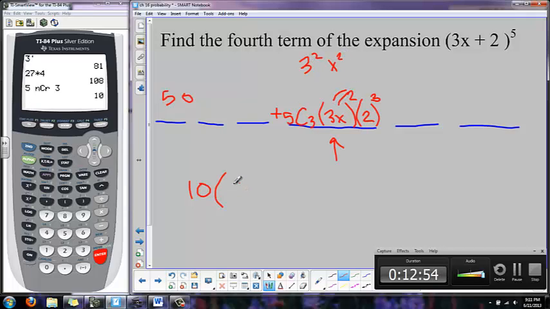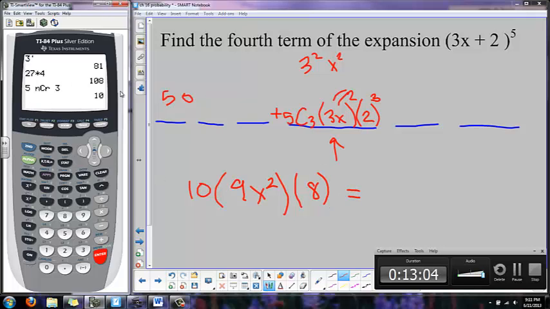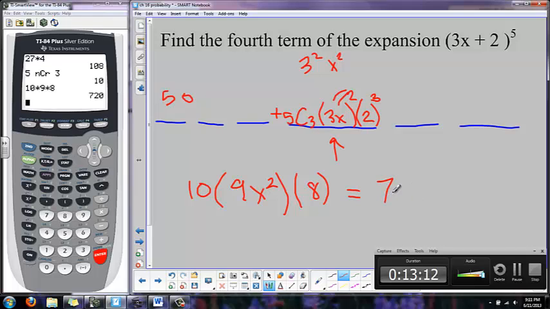So 3 squared is 9x squared. And then 2 raised to the 3rd power is an 8. So in order to simplify this whole thing, it's 10 times 9 times 8 gives me 720x squared. Alright.